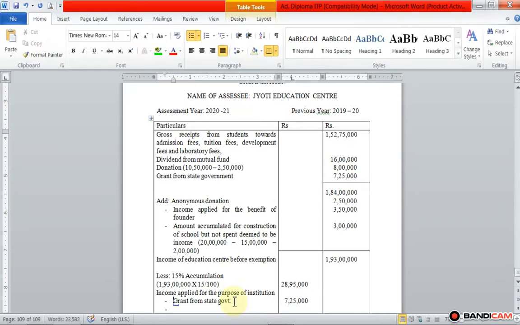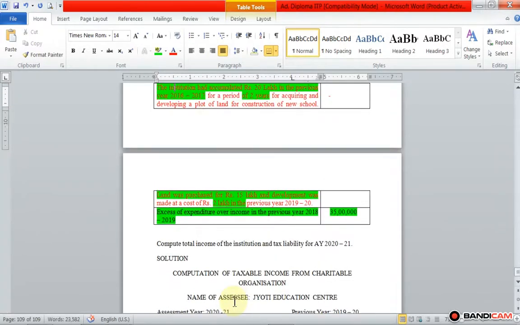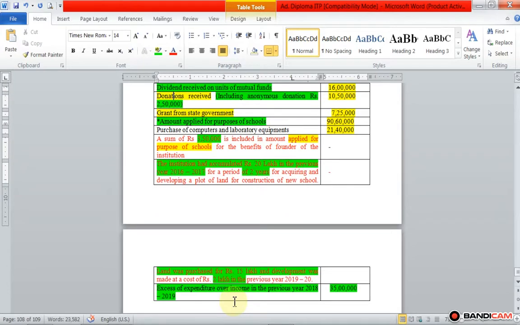Then next one is amount applied for the purpose of school. So we already find out, we make a star in front of amount applied for the purpose of school, because star denotes the information is given on the amount applied for the school, that is the 3,50,000, which is included in the amount applied for the purpose of school relating to the benefit of the founder.